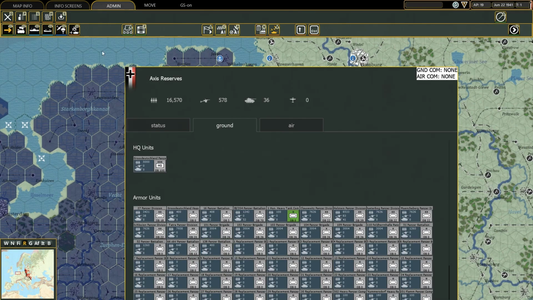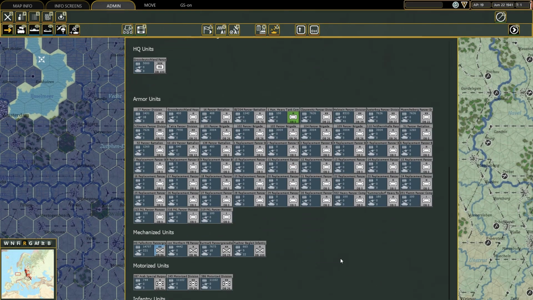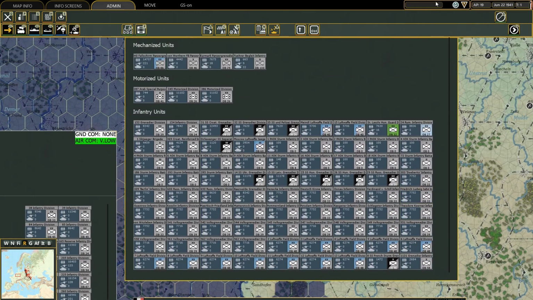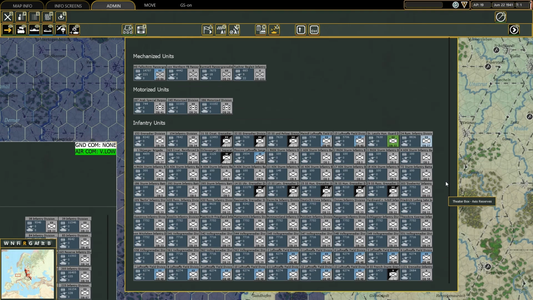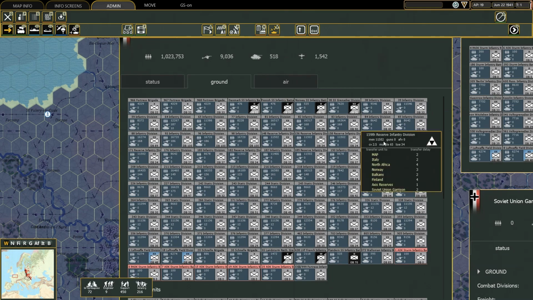If you play with this mode on, then you can also interfere with other units, which, for instance, were never supposed to be moved from other theater boxes. Let me just check if I see some. Yeah, like the 159th Reserve Infantry Division.